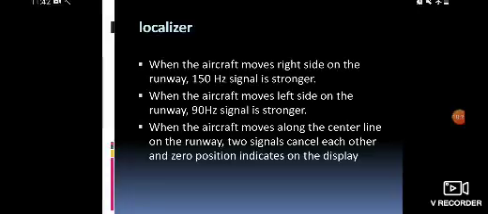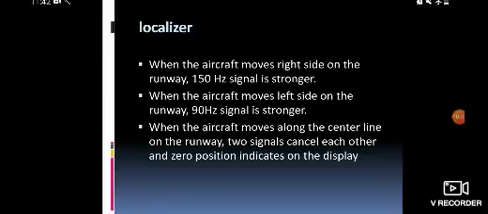When the aircraft moves right on the runway, the 150 hertz is going to be stronger than the other signal. So that will notify that it is on the right side, and whenever it is moving to the left side of the runway, the 90 hertz signal is going to be stronger. Okay, like this it is notified to the pilot.